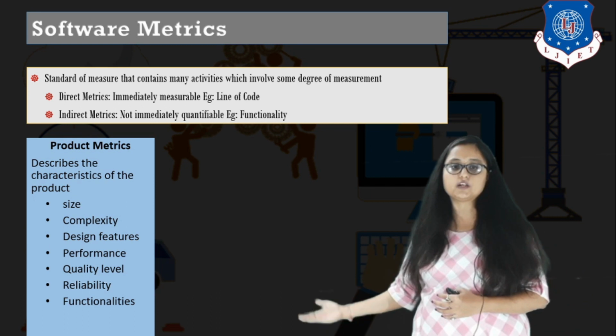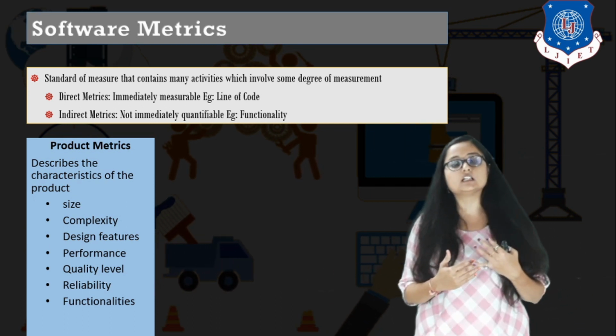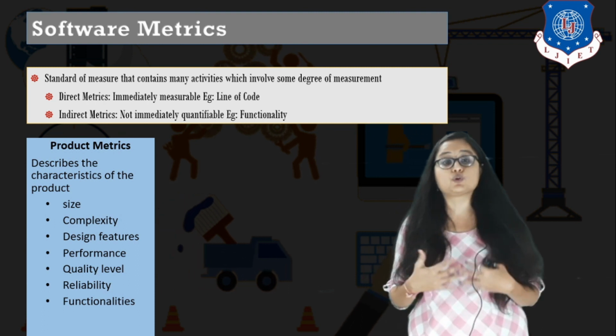The first is product metrics. So what do you mean by product metrics? Product metric basically describes the characteristics of a product, right?